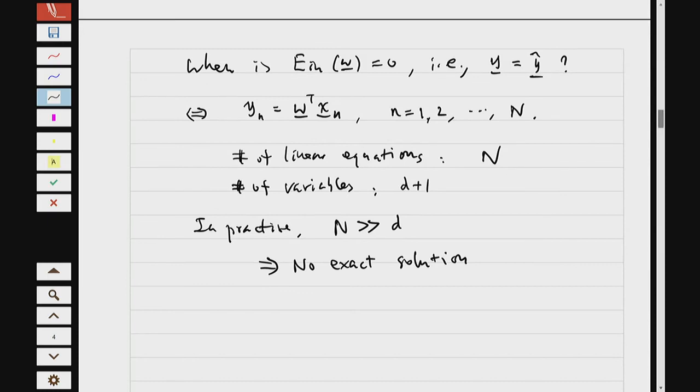In some cases, when you don't have a lot of data points, n will be smaller. In that case, what happens when you solve these linear equations? This is going to be an underdetermined system. So you have more degrees of freedom than equations, so you have infinitely many solutions.